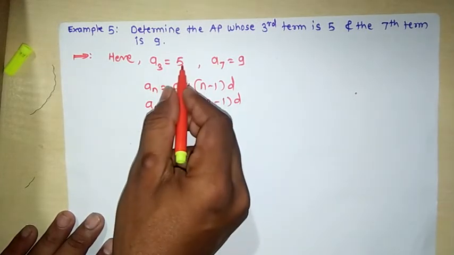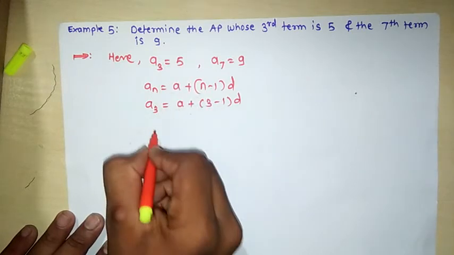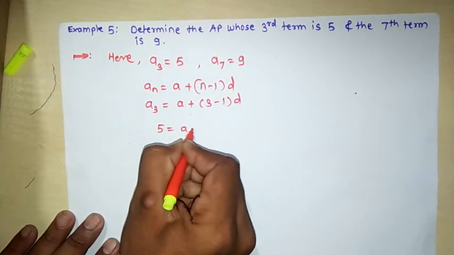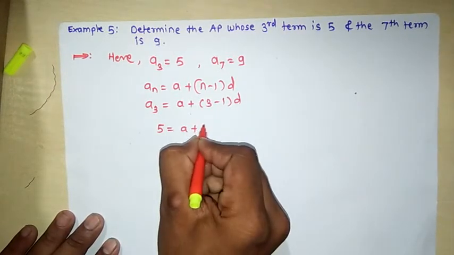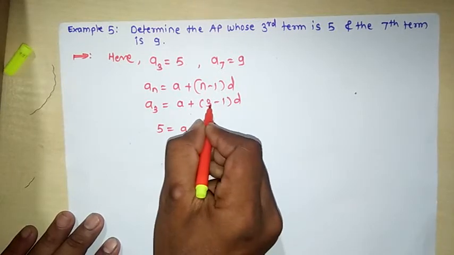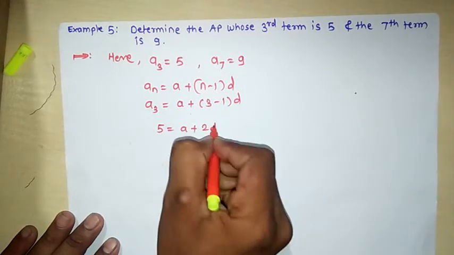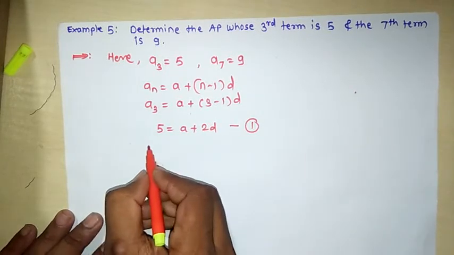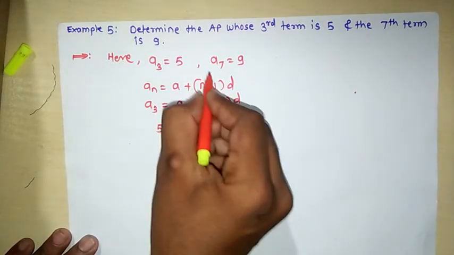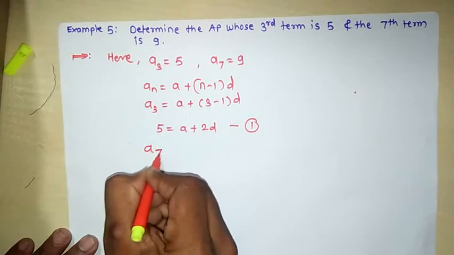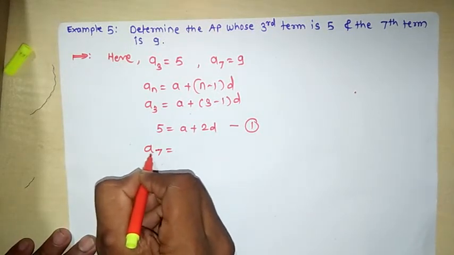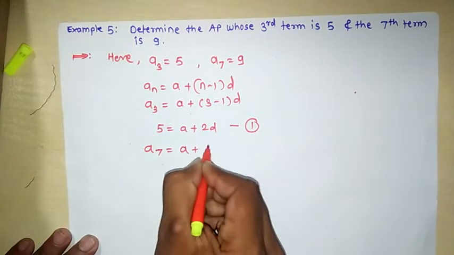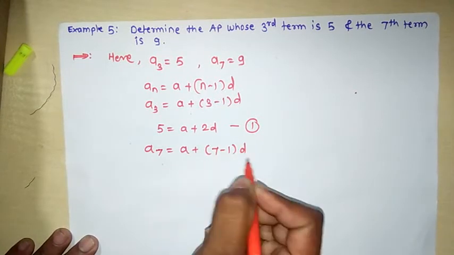What is the third term here? The third term value we know, 5. 5 is equal to a plus 3 minus 1, which is 2, into d. 3 minus 1 is equal to 2 and d as it is. We got this as equation number 1. Similarly, we can write the formula for a7 also. a7, that is the 7th term, is equal to first term plus 7 minus 1 into d.